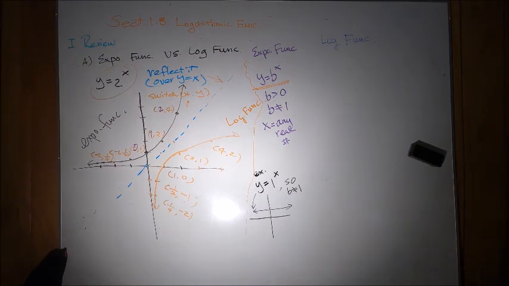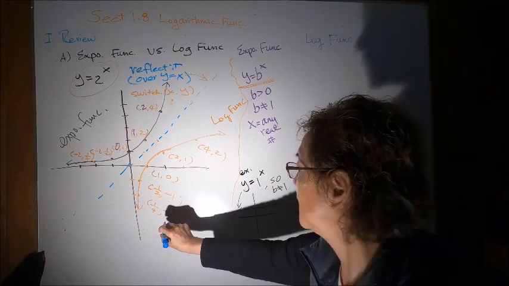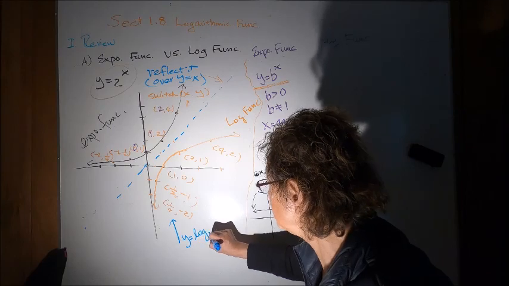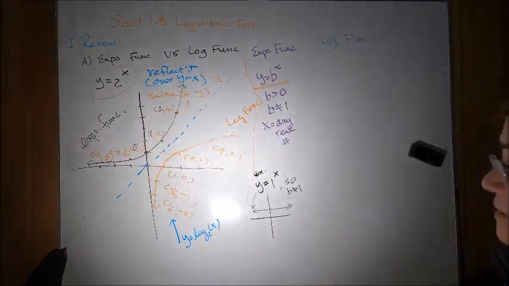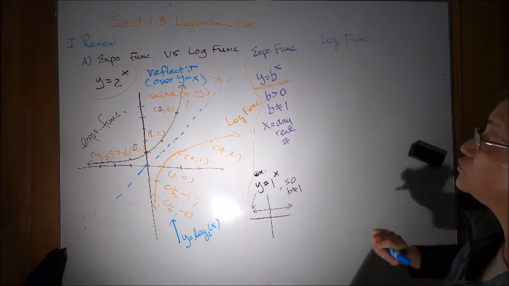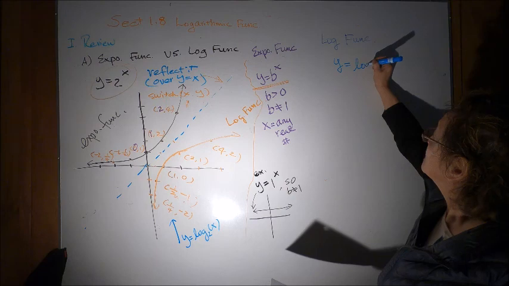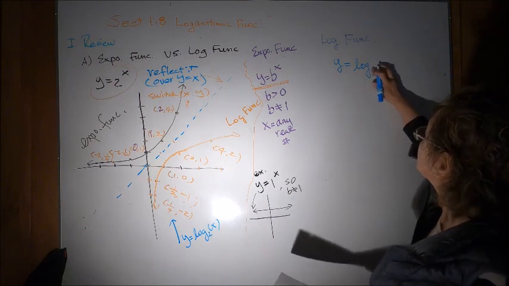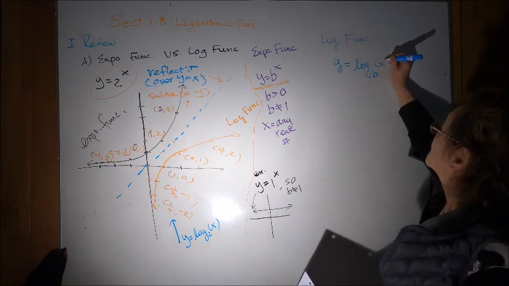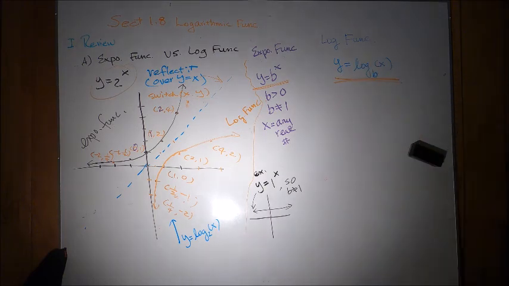We did this log function: y equals log base 2 of x, reflected from that one, base 2. Instead of base 2, we are going to use the general base b. So we write it this way: y equals log base b of x. So we write the log function's general term this way.